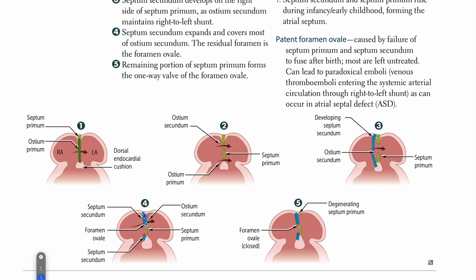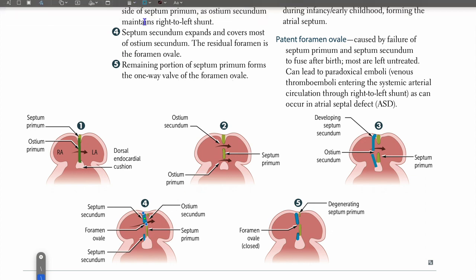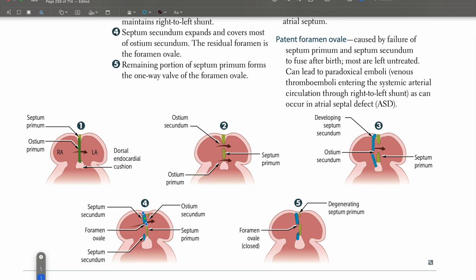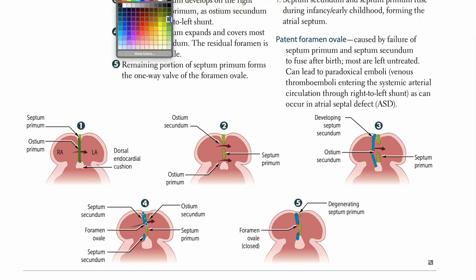So it covers it, but it's not attached to the septum primum yet, right? Then the remaining portion of the septum primum forms the one-way valve of the foramen ovale. So now you have this septum. Okay. So this thing now is a valve, right?